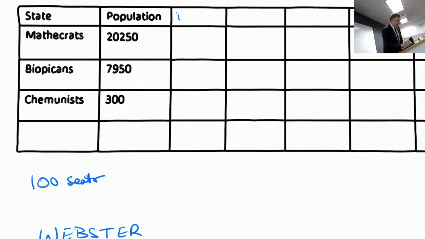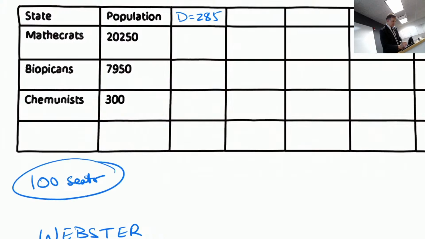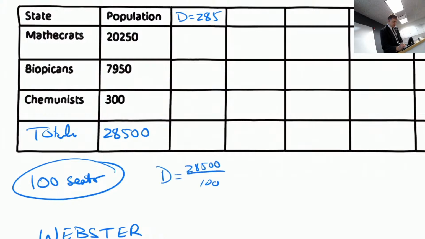And here, unlike Jefferson's method, the standard divisor might work. So sometimes the standard divisor works, sometimes it doesn't. The standard divisor is the total, which was 285.00, divided by the number of seats, 100, so 285.